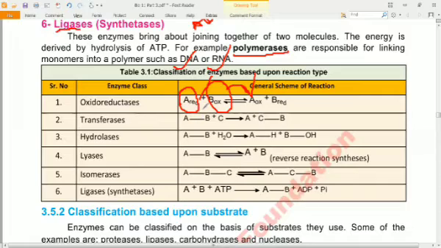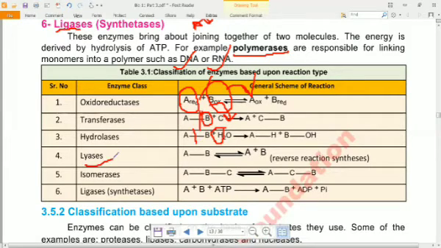Transferases transfer one molecule from here to the other molecule between two products, so it can be A plus C bond B. Hydrolysis is done by hydrolases, so they perform the addition of water in between. So A and H bond will be formed and B and OH will be formed. It means the covalent bond which is in between these two molecules is broken down.